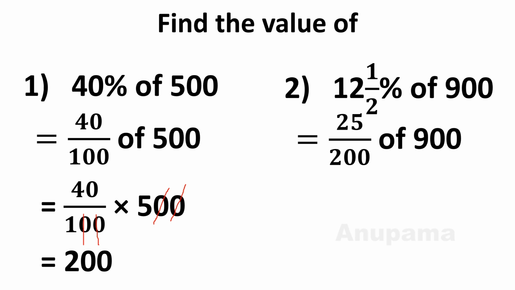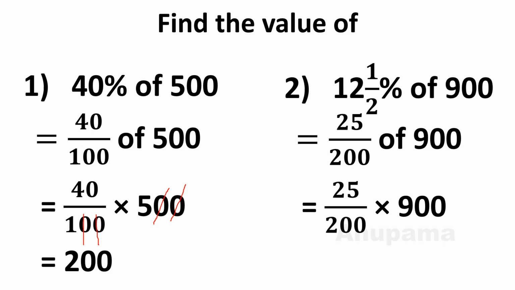Now instead of "of" we will put the sign of multiplication and we will solve this. 0 and 0 cancel. This 0 with this 0 cancel. Now just solve this, multiply this, and what you will get after dividing by 2, 112.5.